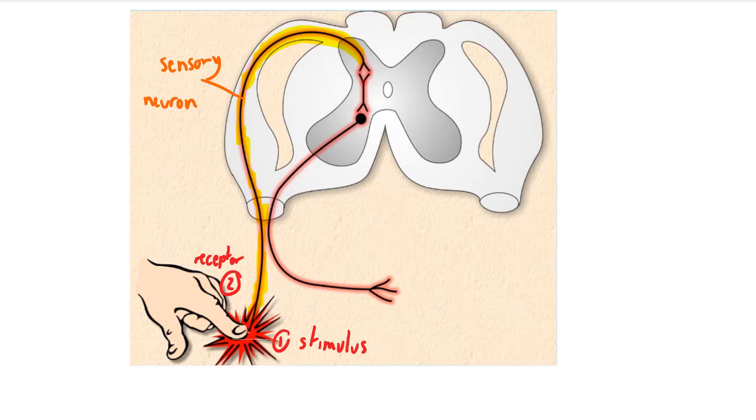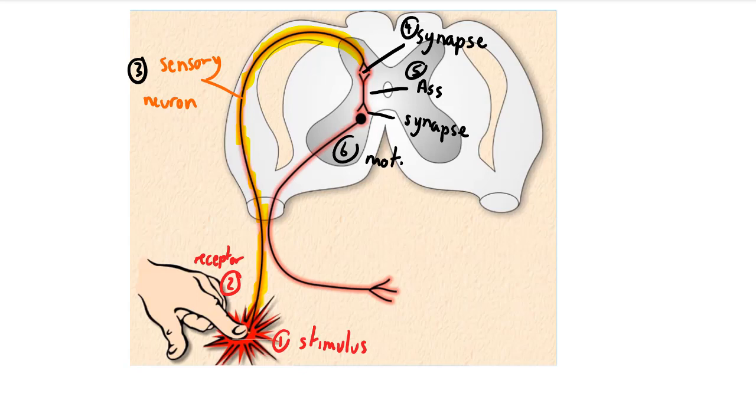It then travels across a synapse, which is here. So this is number 3, it's number 4. Goes to the association neuron, which is number 5. It then travels across another synapse, and then travels down the motor neuron, which is number 6, down to the effector, which is number 7.